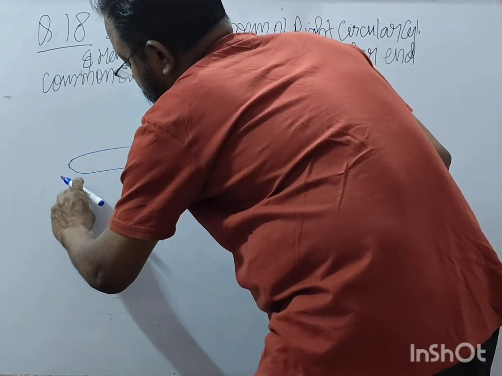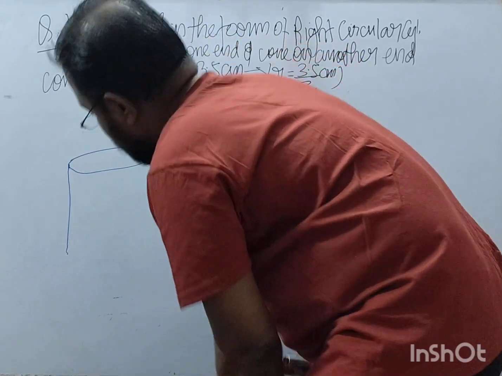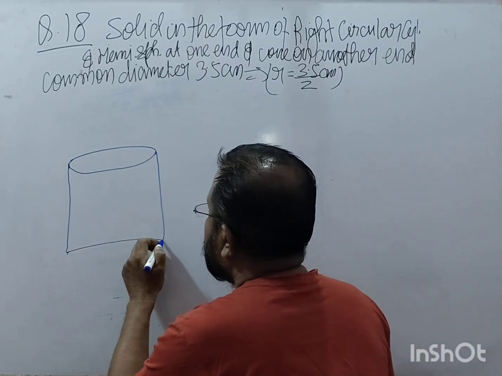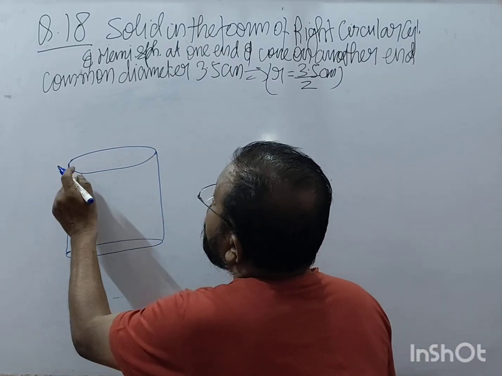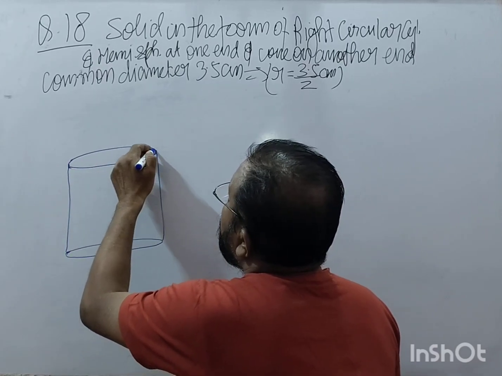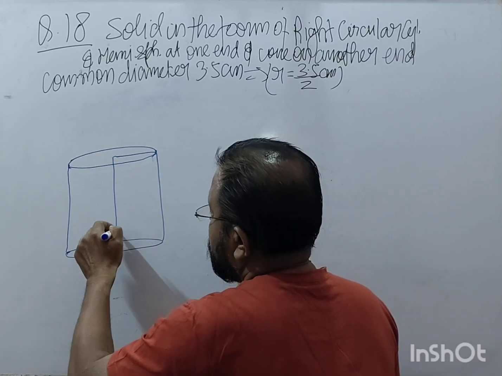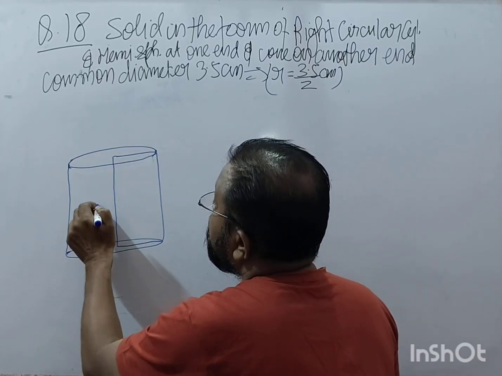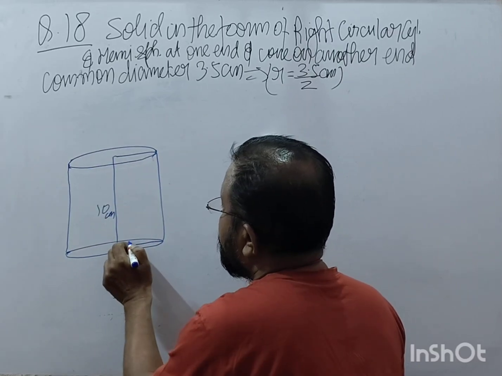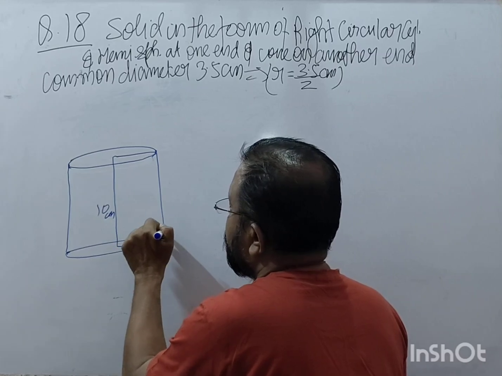What is the height of the cylinder? 10 centimeter, and radius is 3.5 by 2 centimeter.